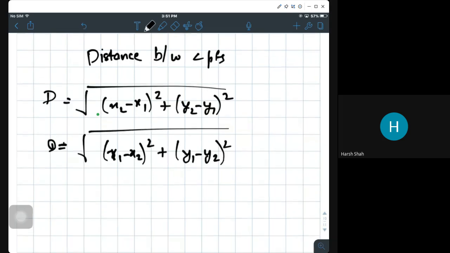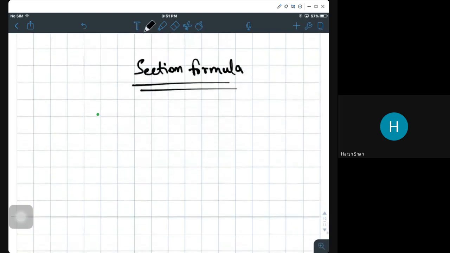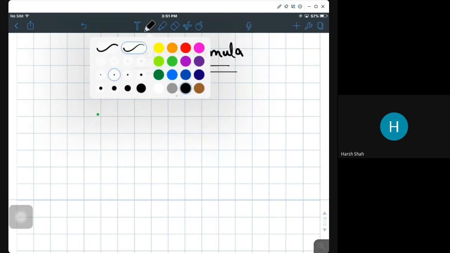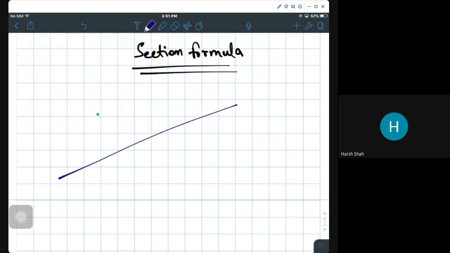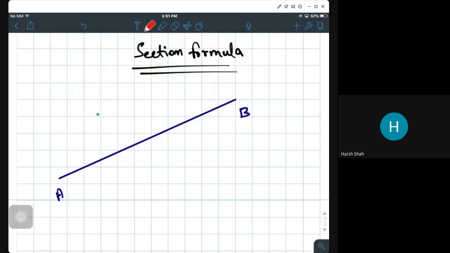Then we have something known as the section formula. I have a line AB, and I want to divide this in, let's say, m is to n ratio. So where should I place my point P? This is my question.